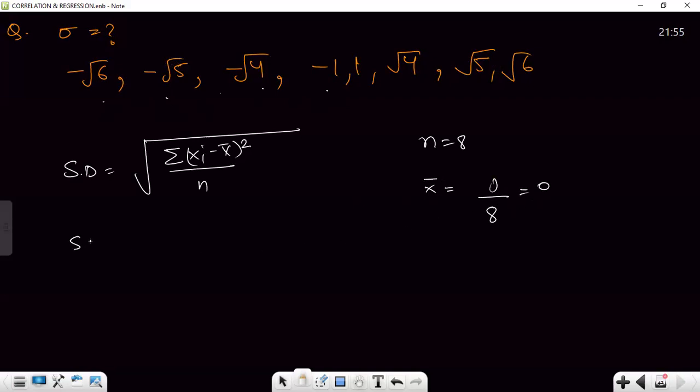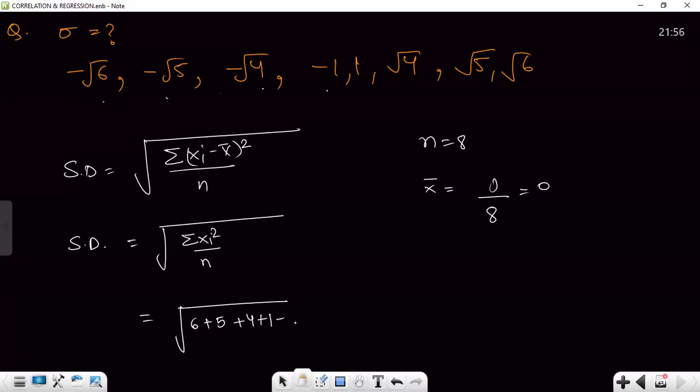So standard deviation now becomes an easy game for us: square root of sigma of xi square divided by n. The square of the first term is 6, the square of the next term is 5, and so on for the remaining terms, divided by n, where n is 8.